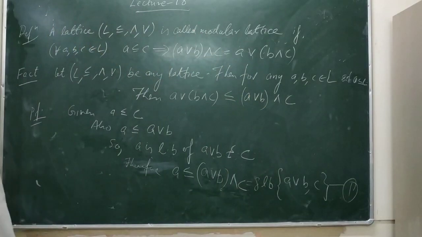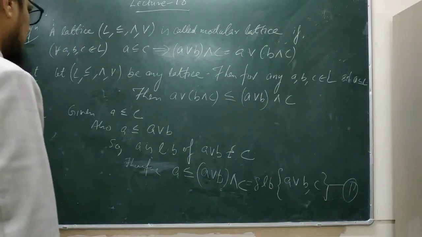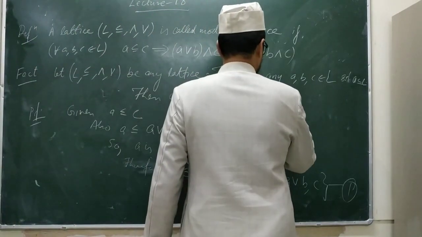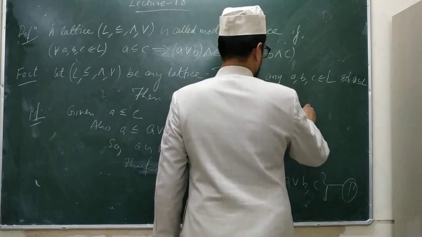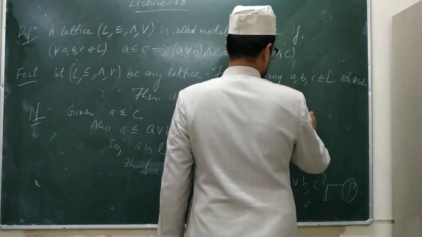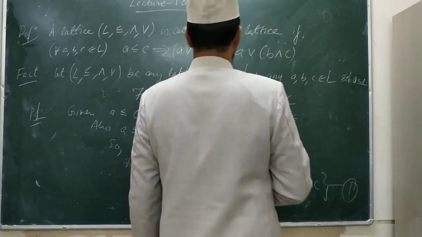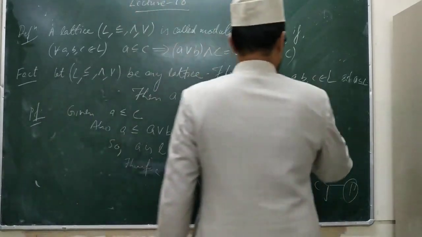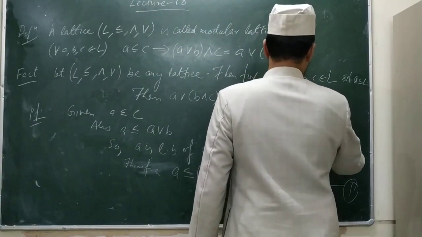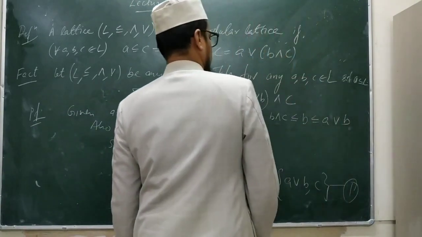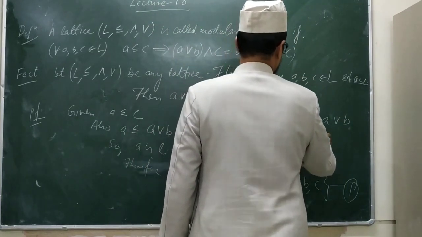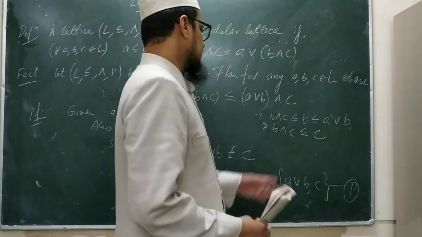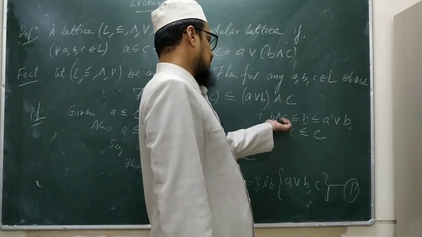Now you see, if we talk about B meet C, I'm writing here, B meet C is of course less than or equal to B as well as C. So it is less than B, and B is less than A join B, correct? And B meet C is also less than or equal to C. See, B meet C is what?